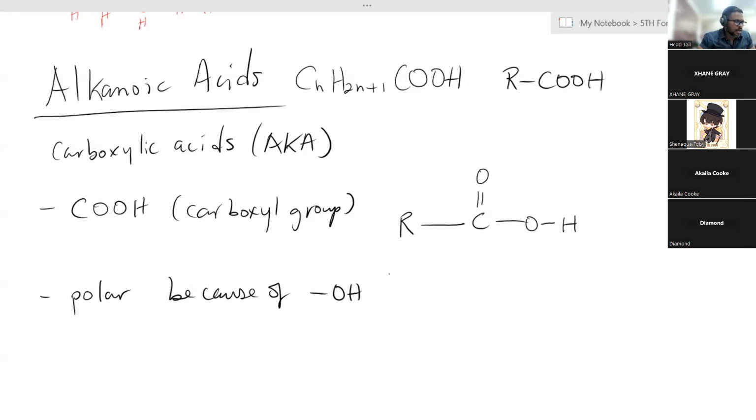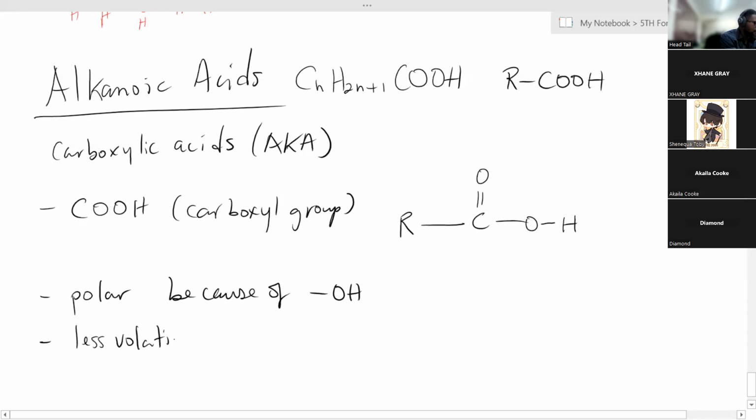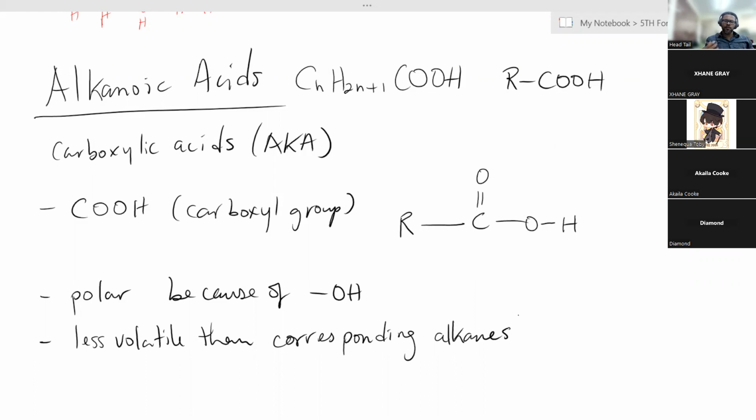So like alcohols, alkanoic acids are less volatile than their corresponding alkanes. Less volatile means that alkanes have an ability to evaporate much faster, but alkanoic acids do evaporate.